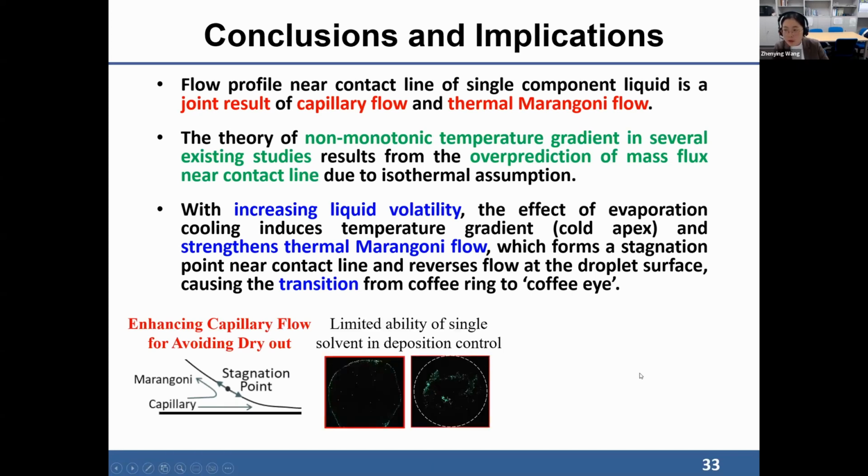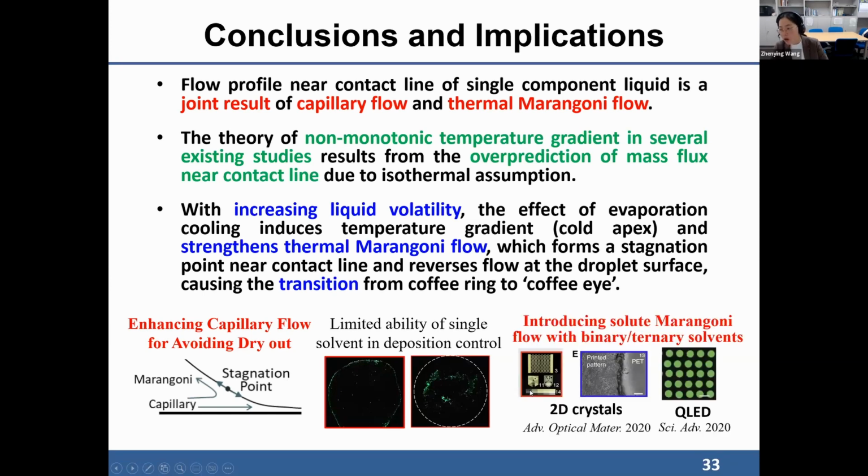For some more applications, if we focus on the flow structure near the contact line, we can see that the capillary flow drives the liquid to wet the solid surface. So in boiling or in evaporation, to avoid dry out, we should enhance the capillary flow by adding some porous structure, wicks, etc. And with our further experimental result, we can see that by using a single solvent, the ability to control the deposition pattern is quite limited.